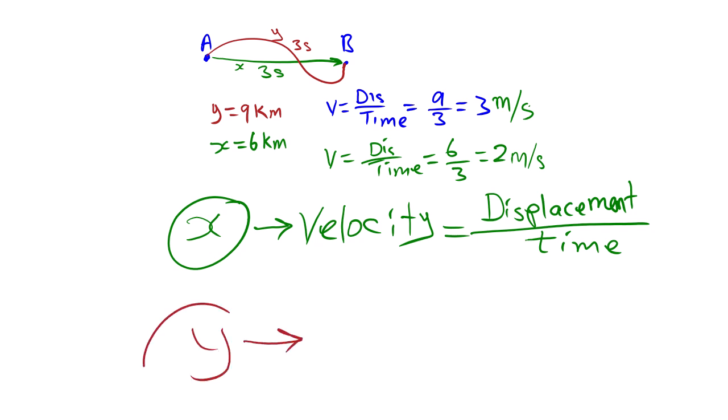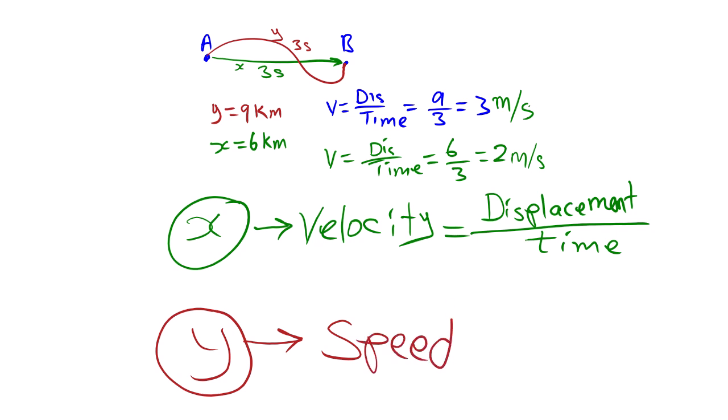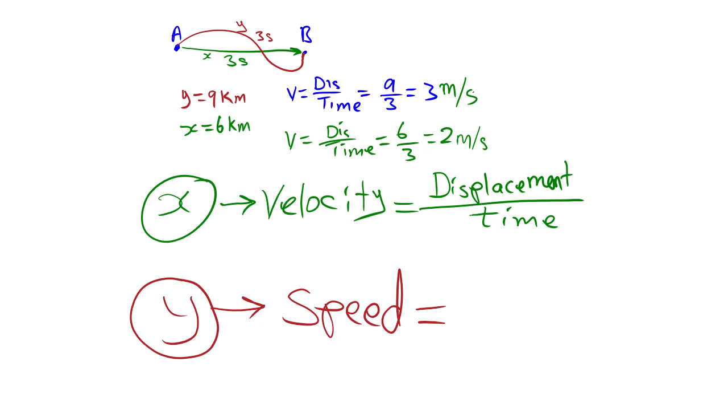But how do we define the velocity of y? The velocity of y is called speed. So instead of saying velocity, just say speed. Speed is equal to, now it's not displacement, it's distance. Why distance? Distance is not in a straight line.